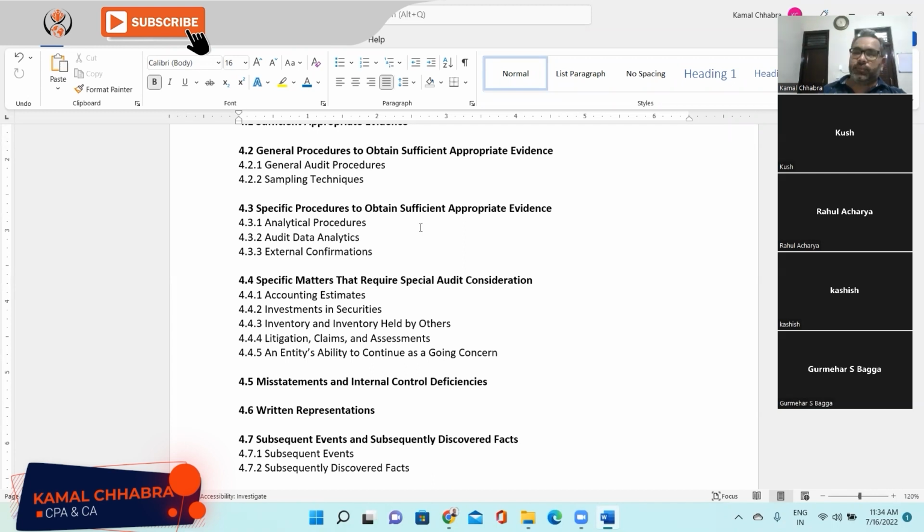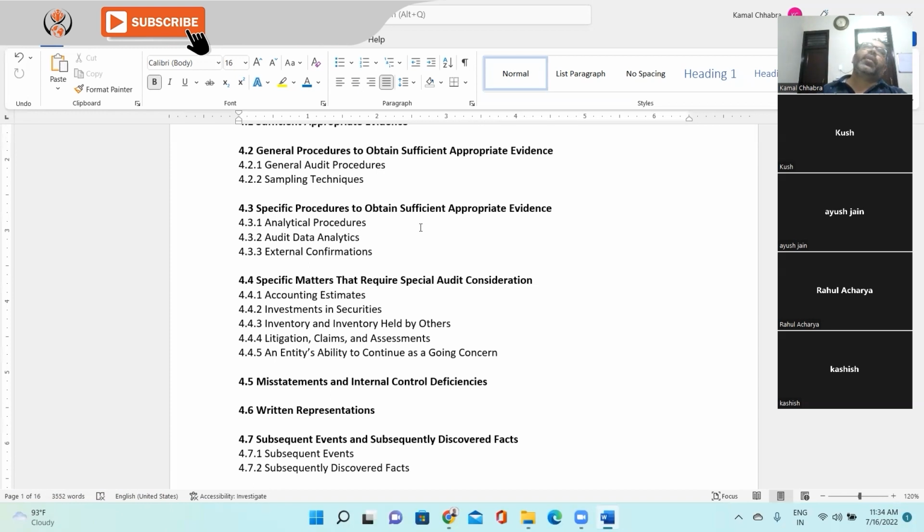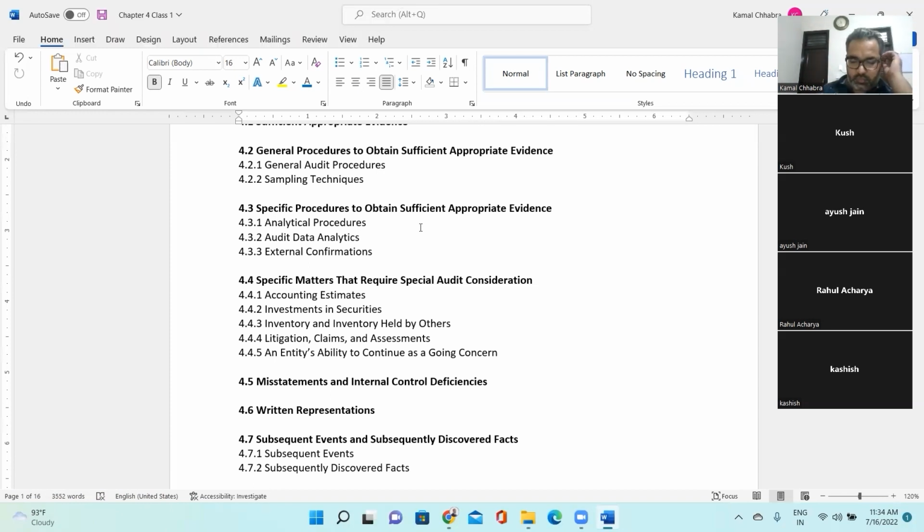The preparation of financial statement. Preparation and fair presentation of financial statement in line with the selected financial reporting framework, right? What was the second? Design, implementation, and maintenance of internal control, right?